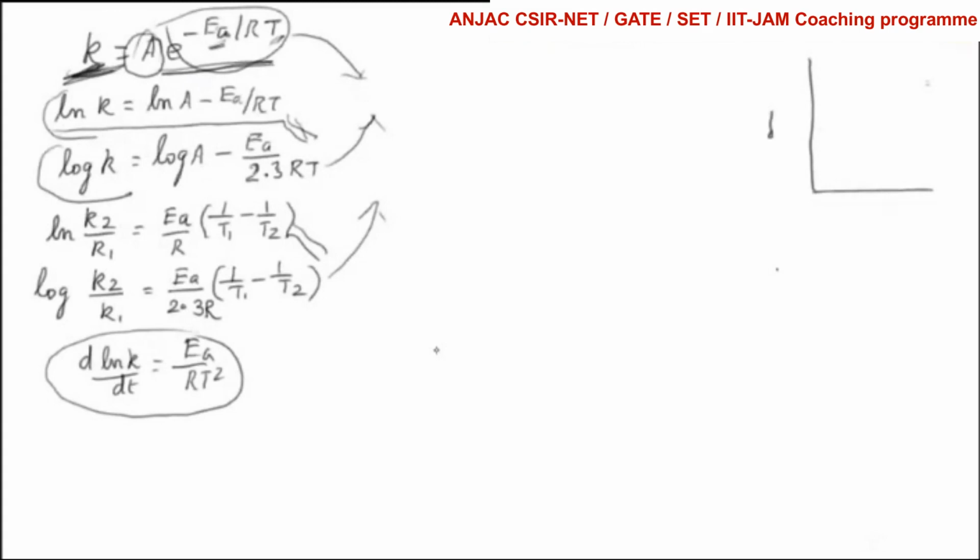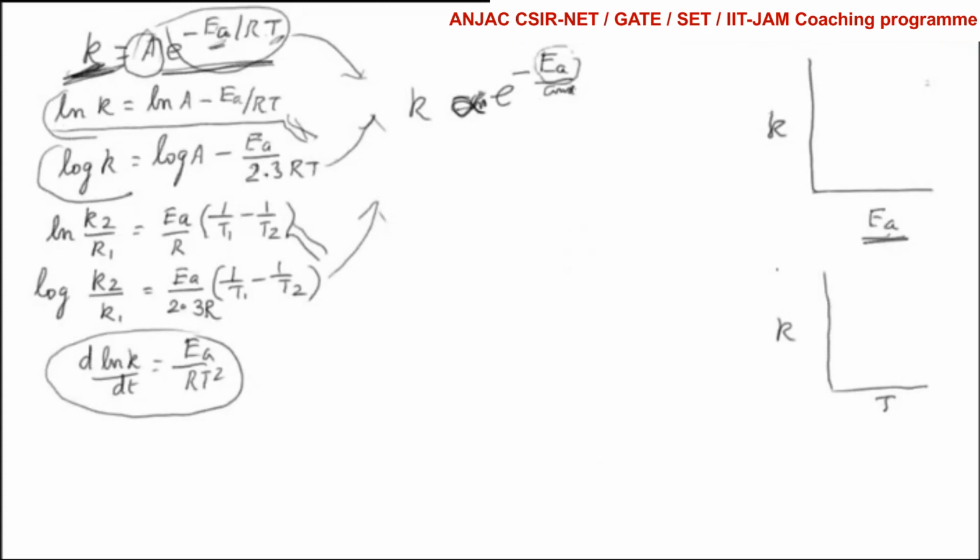K versus EA, or you can plot K versus T. First, we will assume that temperature is constant and EA alone is variable. If e power minus EA by a constant, let us say a constant, it remains a constant. Now, the K value depends upon the EA value.